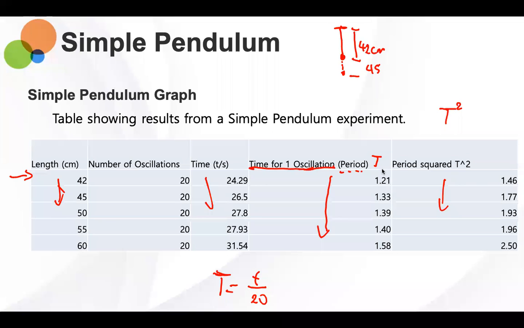So you say 1.21 times 1.21. I got 1.4641. Yeah, 1.46. That's what I get as well. You see that, Miss Kitchener? You must multiply 1.21 times 1.21. That is 1.21 squared. It's the same thing.